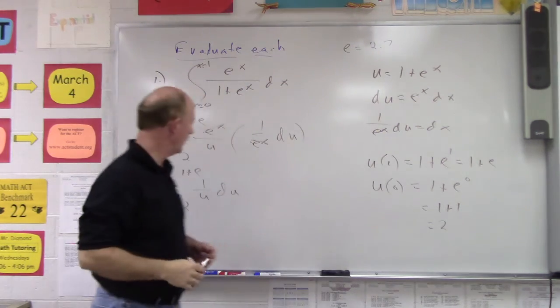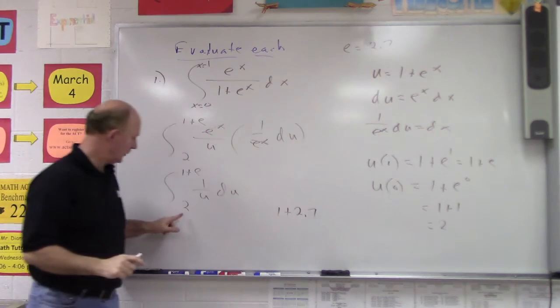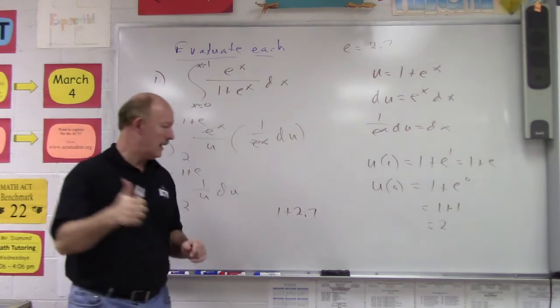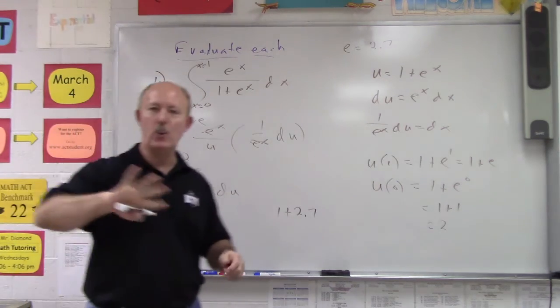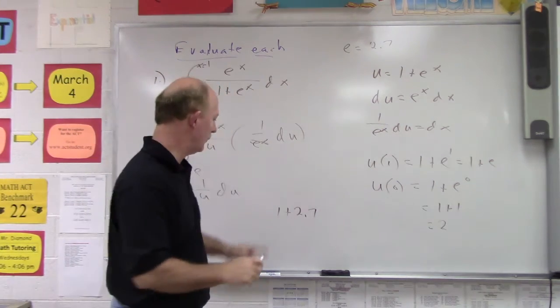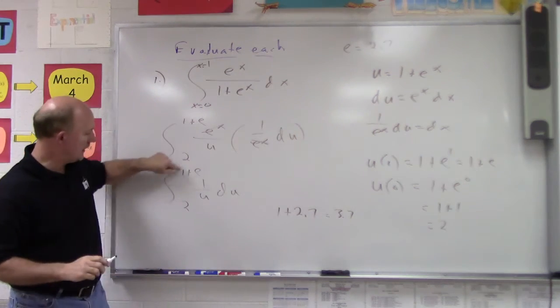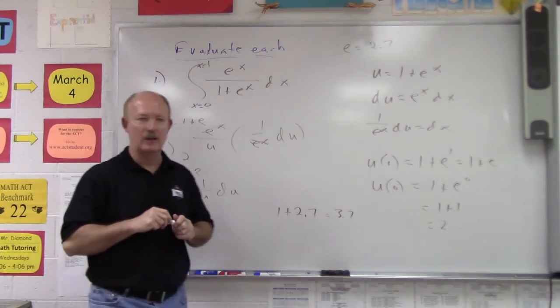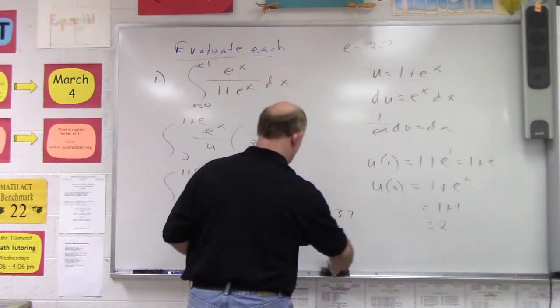So 1 plus 2.7 is going to be about 3.7, so 1 plus e is going to be bigger than 2. We don't have to switch those. So we don't have to worry about switching the upper and lower bounds, but you do have to be careful there.